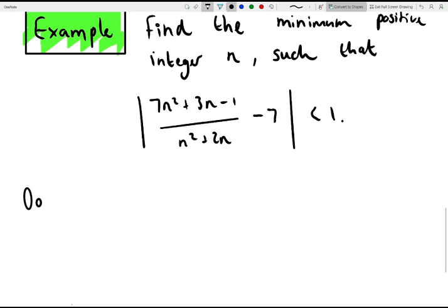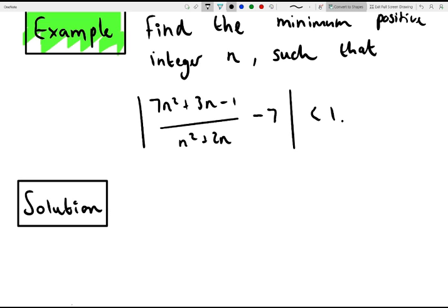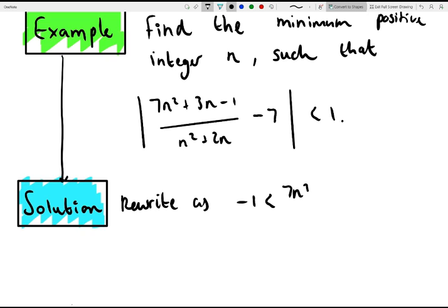And our solution to this is we have to first of all rewrite as -1 is less than 7n squared plus 3n minus 1 over n squared plus 2n minus 7 is less than 1.